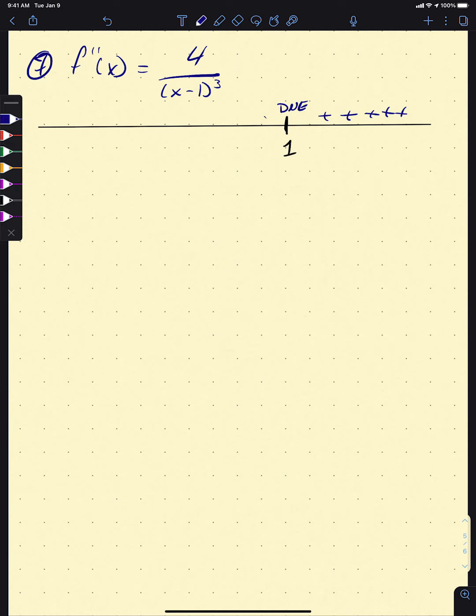And then what's happening here? Well, we can pick, say, 0. Then we have minus 1 cubed, which is minus 1. And then we see we're negative there. Okay, so that means that we're concave down here and concave up there.